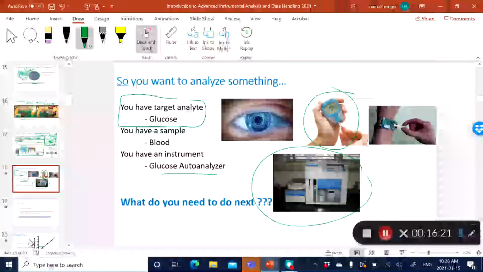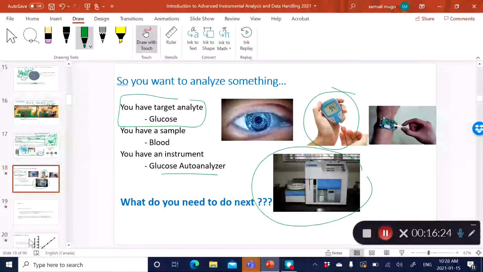So maybe you've got a glucose meter, or even, you can decide I won't use blood. Instead, I'm gonna use tears as a sample, and then you can design a sensor that can probably be put onto contact lenses, and then you can simply detect glucose right on the contact lenses.